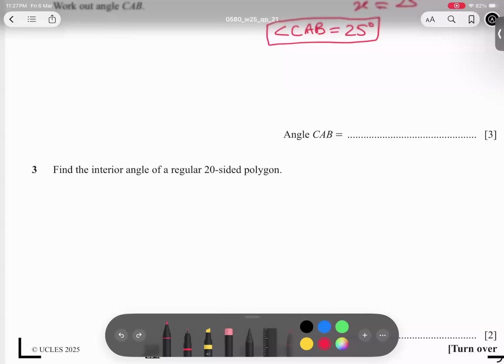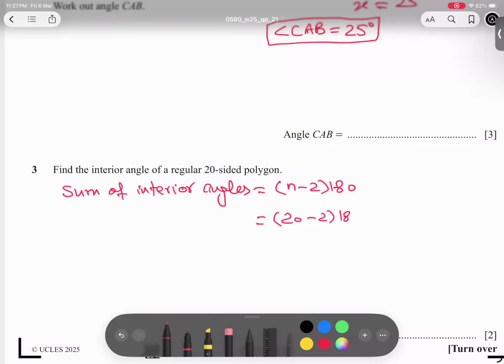We have a formula for the sum of the interior angles, and that formula is (n minus 2) times 180. If I plug in 20 here, 20 minus 2 is 18. So I get 18 times 180.